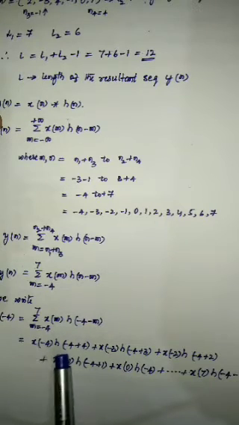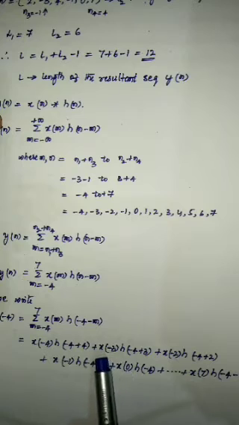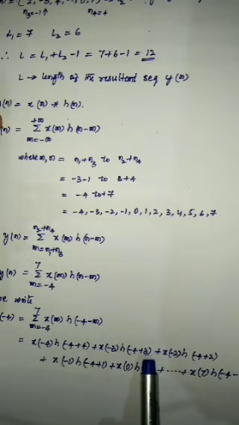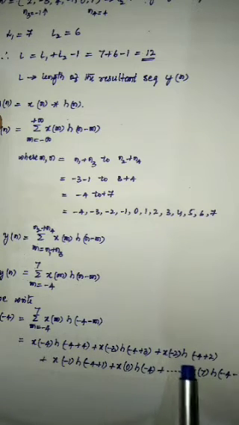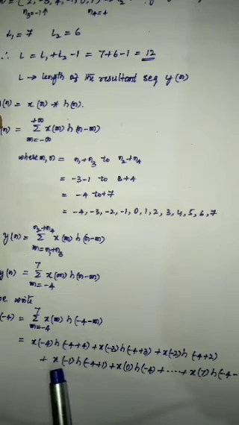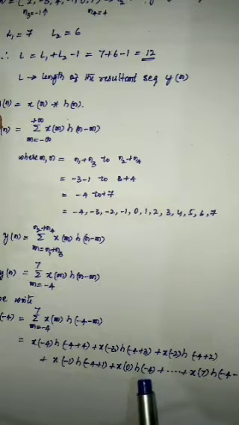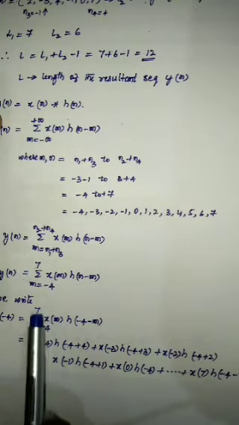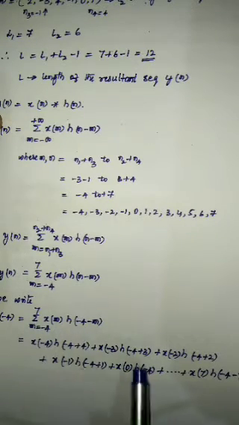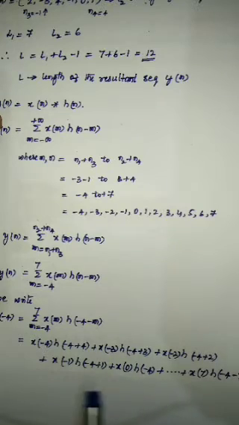Therefore, x of minus 4 into h of minus 4 plus 4, x of minus 3 into h of minus 4 plus 3, plus x of minus 2 into h of minus 4 plus 2, plus x of minus 1 into h of minus 4 plus 1, plus etc. We need to just substitute the limit and write this expression, okay?